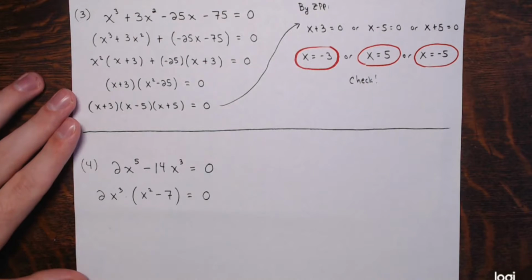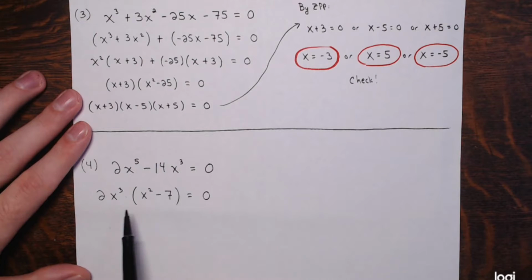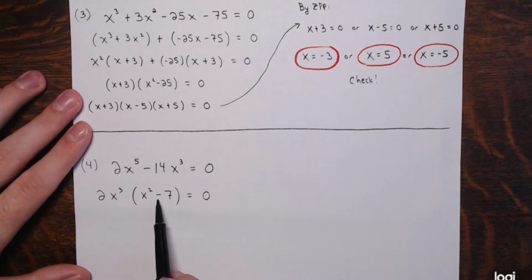Now, this is completely factored over the integers. When I say over the integers, that just means where all the coefficients are still integers: 1, 2, 3, negative 1, negative 2, negative 3, and so on. But you can factor this x squared minus 7 further over the real numbers, where all the coefficients are still real.